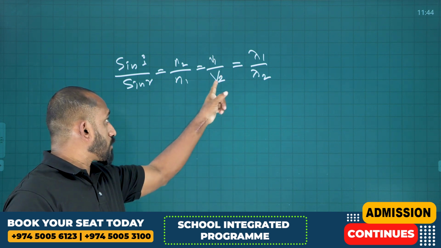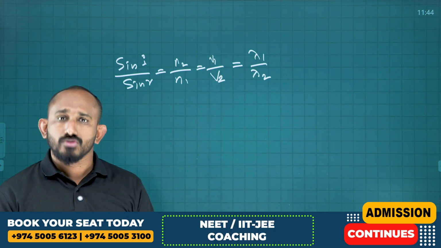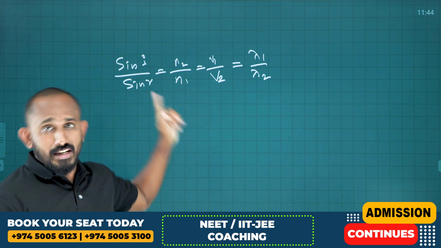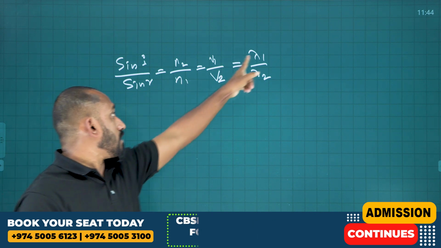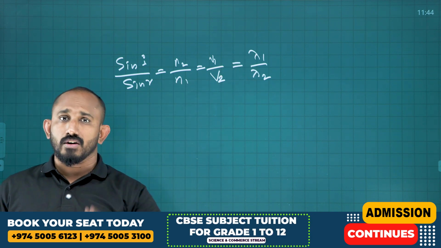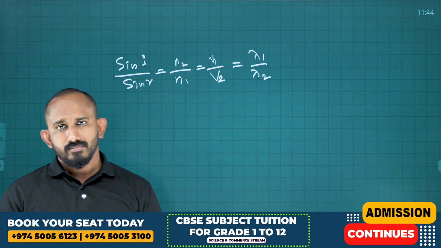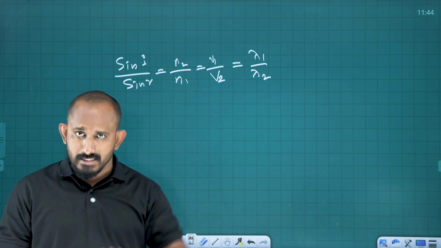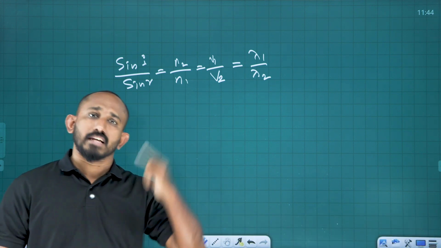Hence, v1 by v2 is equal to lambda 1 by lambda 2. So if you compare refractive index and wavelength, they are inversely proportional. If wavelength is lesser, then refractive index is greater.